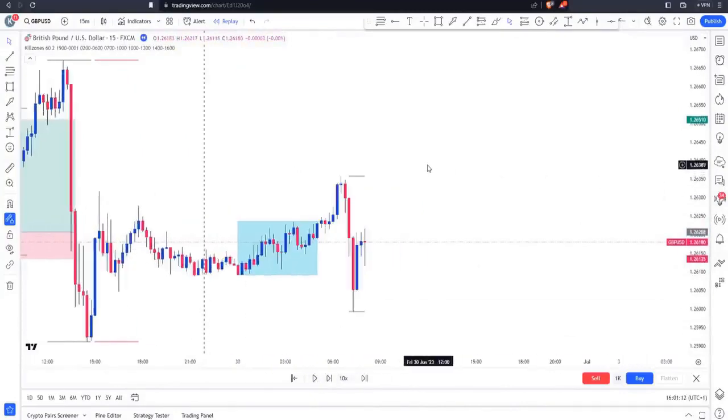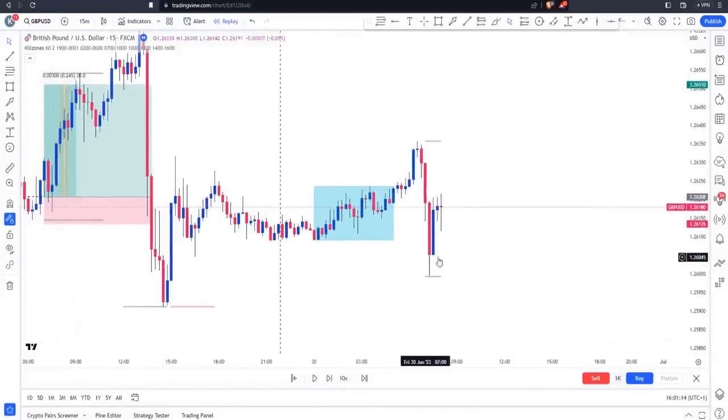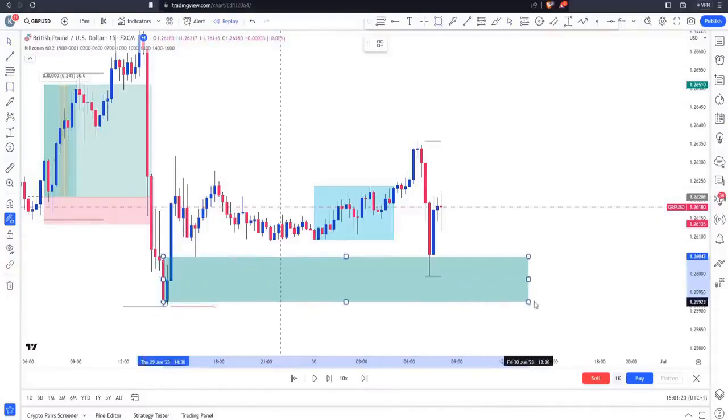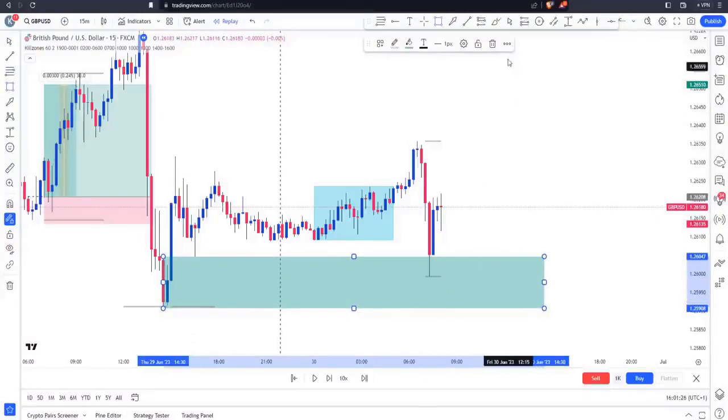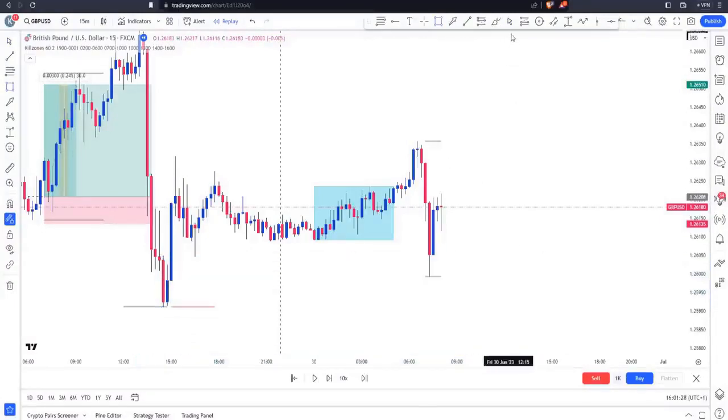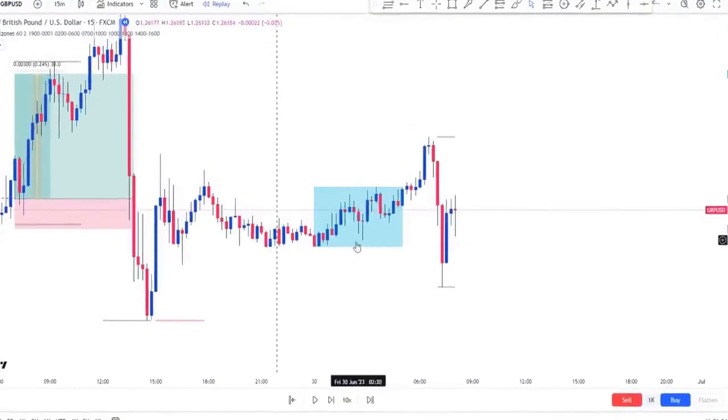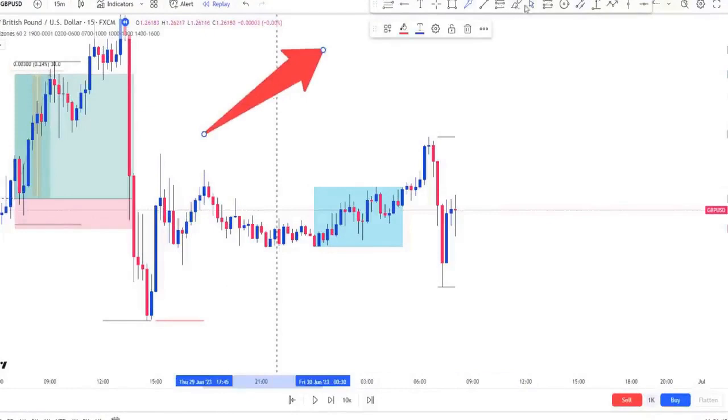The sweep of liquidity came in at exactly that time, 7 a.m. sweep of liquidity, and this one also traded into the previous day. You can actually see the previous day order block, it traded into it. It gives us an additional level of confidence. So we have swept the liquidity below here. This is the only thing we need to see, sweep of liquidity below, since we are dealing with a bullish overall higher time frame order flow.